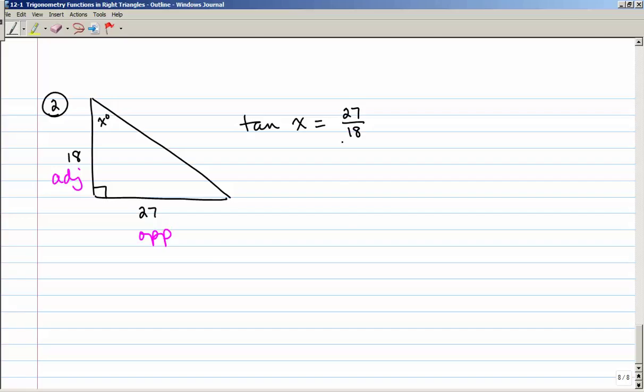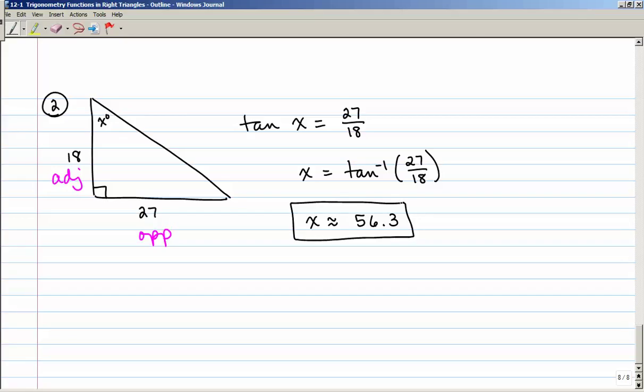And you can reduce that if you want, since they're both divisible by 9, but it's not necessary. And next step would be to say that x is equal to the inverse tangent of 27 over 18. Or in other words, what angle has a tangent of 27 over 18? Plugging that into your calculator, x is approximately equal to 56.3.